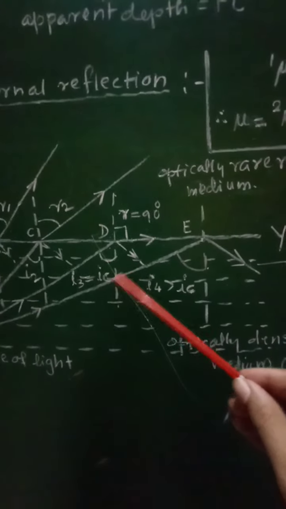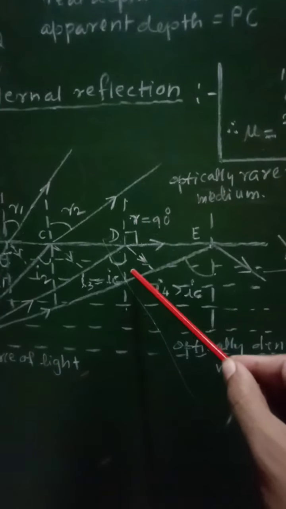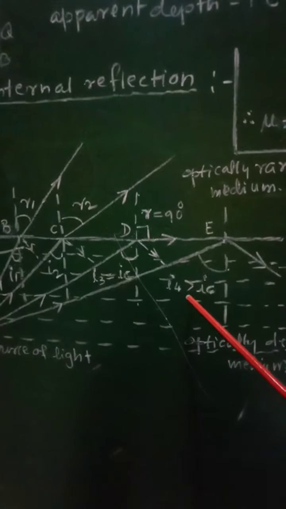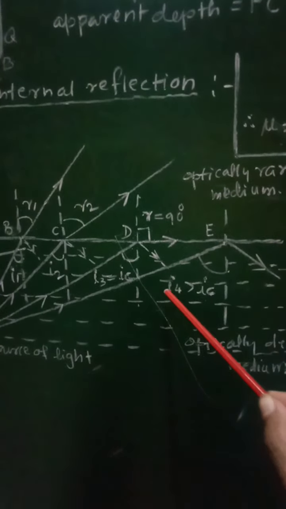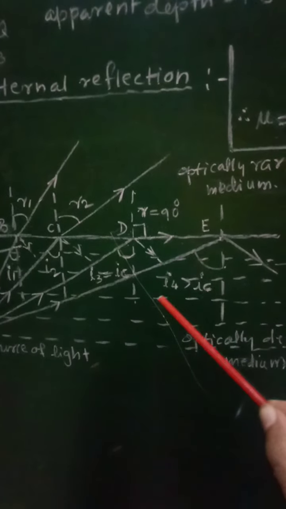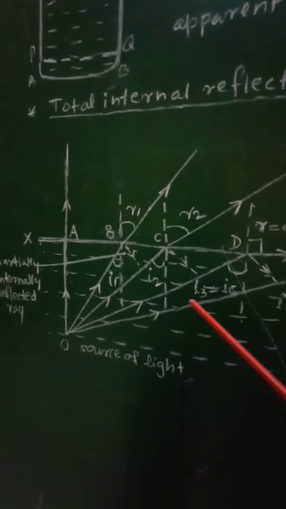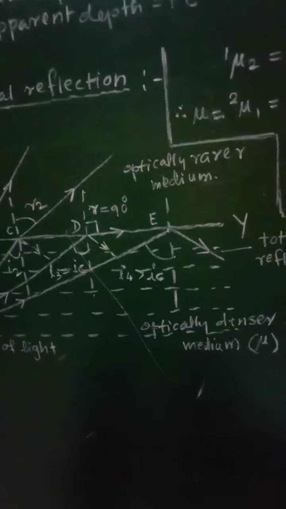The second thing is the angle of incidence. This angle of incidence must always be greater than the critical angle. So i must be greater than the critical angle, and only then will total internal reflection take place. So this is regarding total internal reflection.